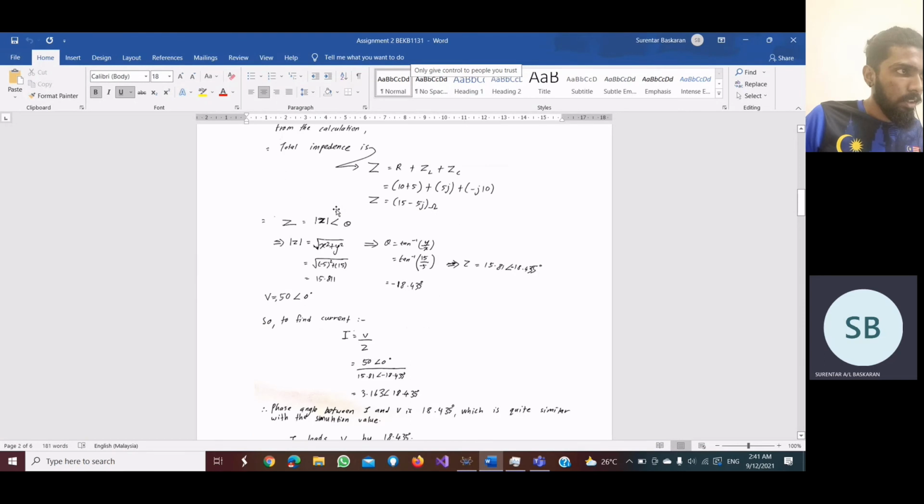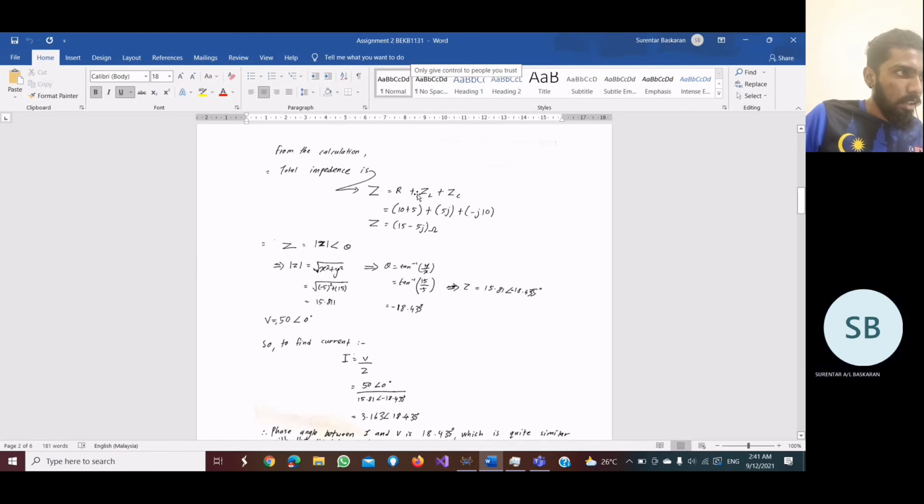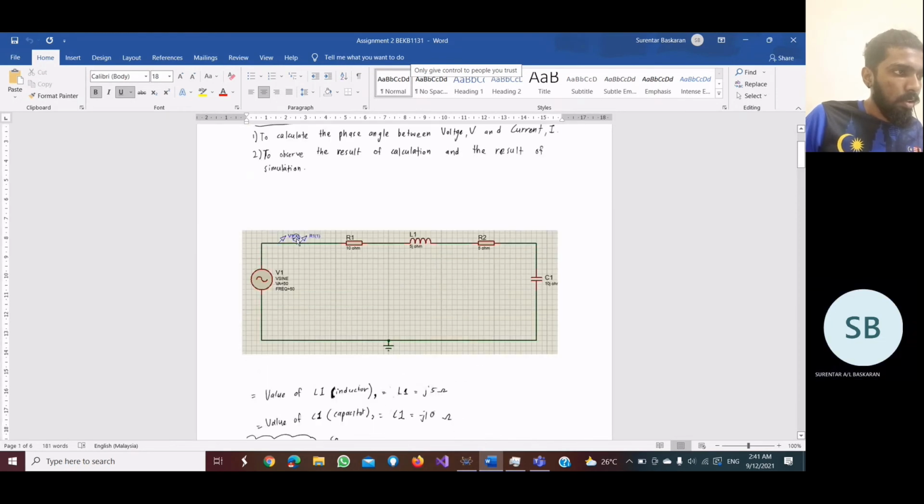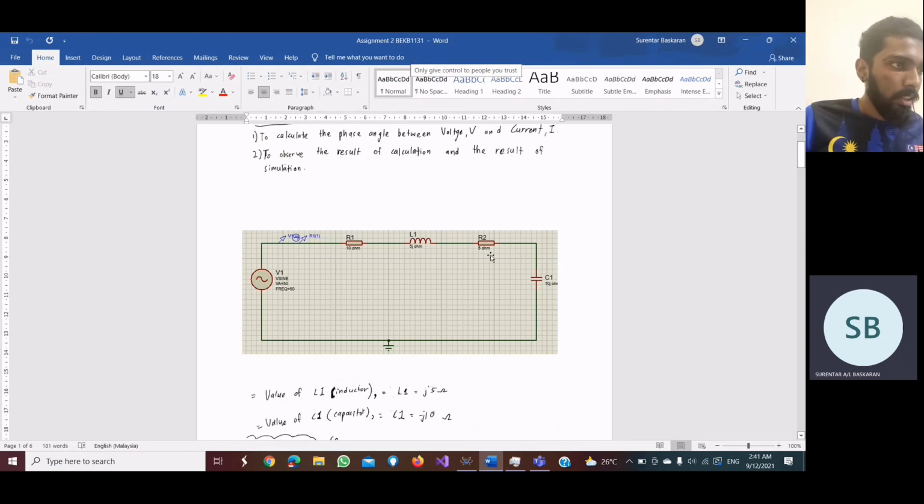From the calculation, to find the total impedance, we need to add these two resistors, this inductor and also this capacitor.